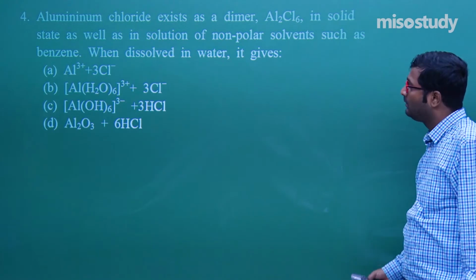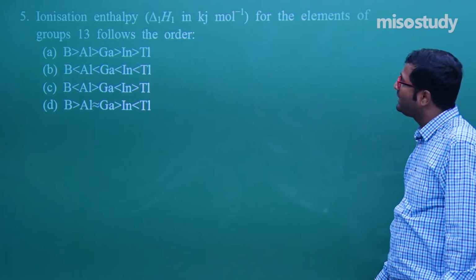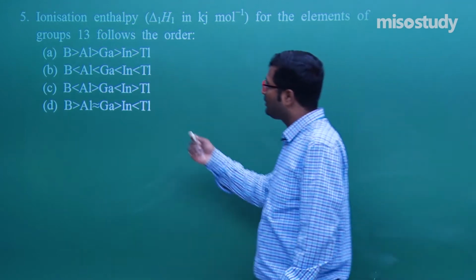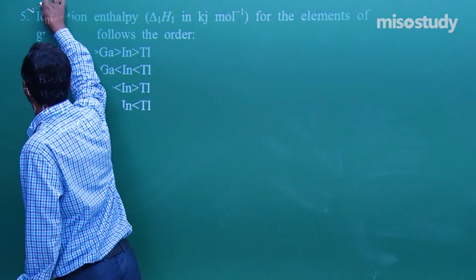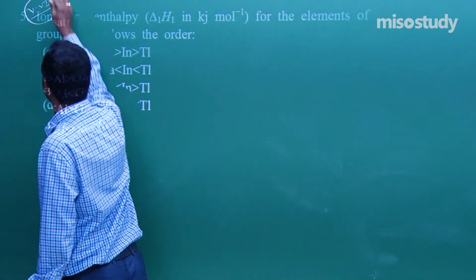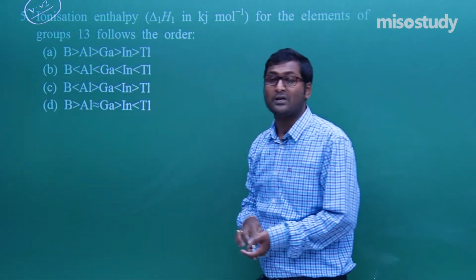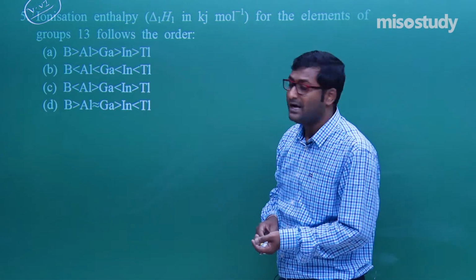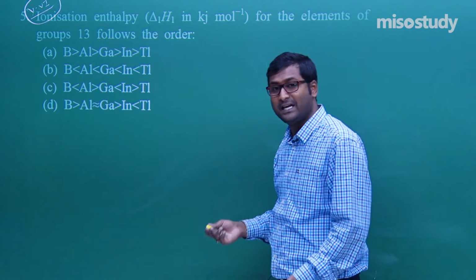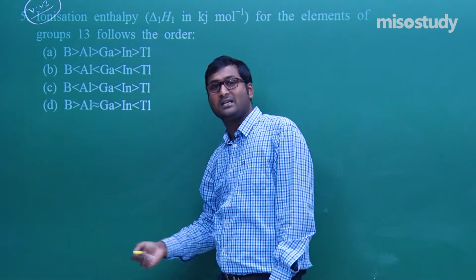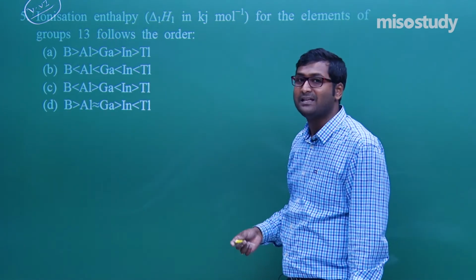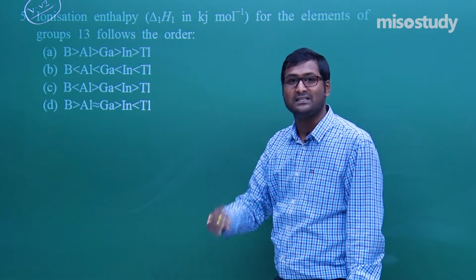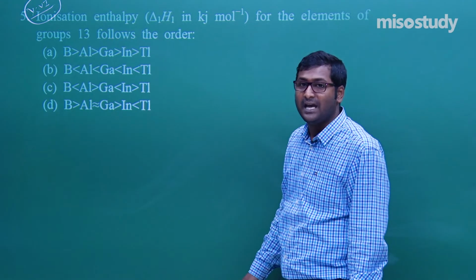Next one, ionization enthalpy. This is one of the most important questions from my side. I have discussed these things in detail because of the anomalous behavior. As we know, there is an involvement of d block. If there is a d block element, then there is a certain difference in the ionization energy.